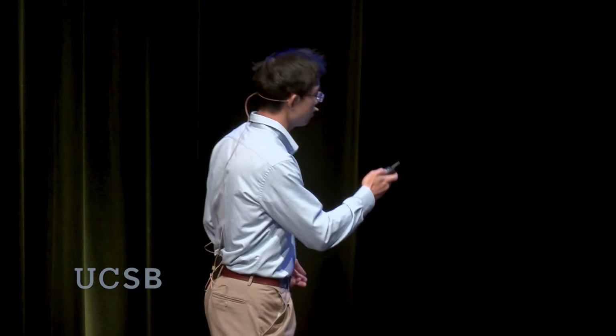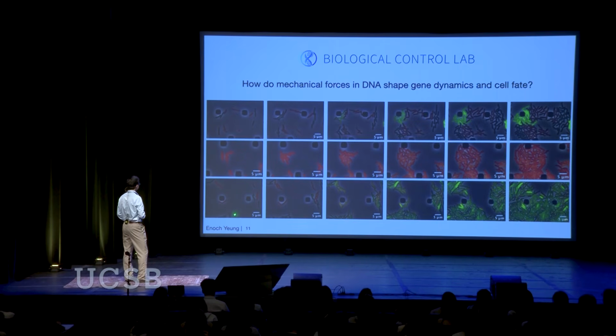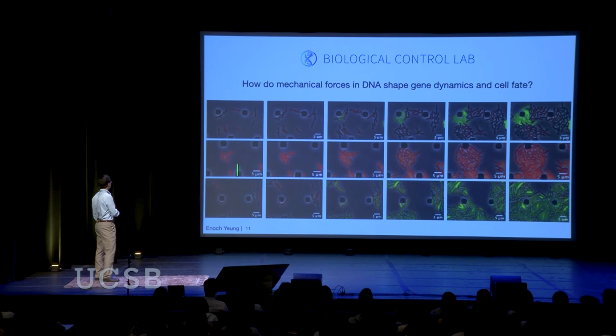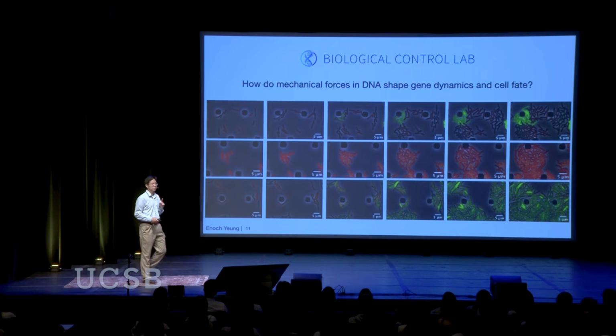But what you see here, this picture, is three separate time series movies, but I've broken them up so that you can see what happens at 5 minutes, 20 minutes, 40 minutes, 60 minutes, and so forth. And what you can see is the division of cells across three rows. And what is probably not so easy to believe is that all these cells contain the same two genes.